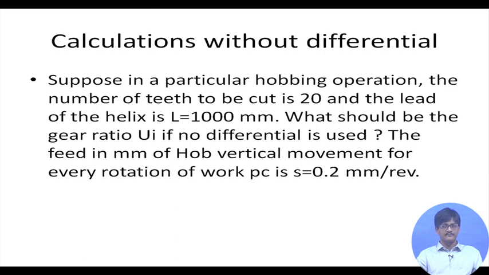So, what do we have? We have a helical gear being cut, its number of teeth is 20, the lead of the helix is 1000, UI has to be found out, no differential is used, and the feed of hob vertical movement is 0.2 millimeters per revolution.